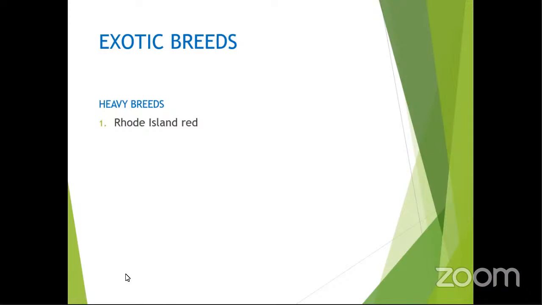Maybe we would start with the heavy breeds, or if not, let's give the general examples of exotic breeds, then we shall sort them later. If you can write them here, you can write them on the chart, better. Then later we shall look at the local breeds.